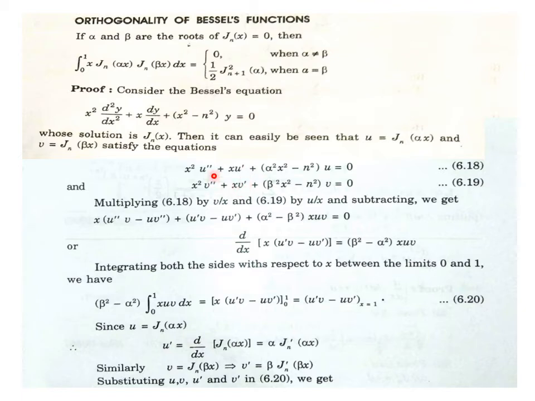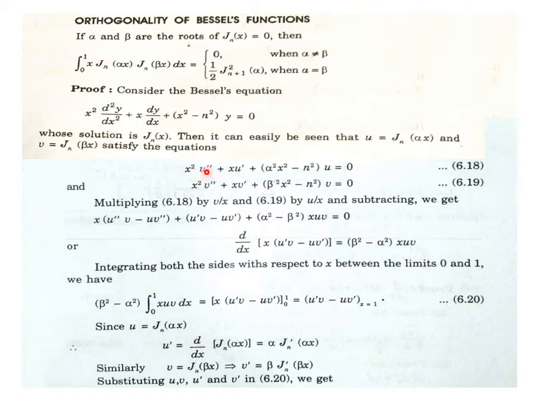Say if you use equation 6.18, u equals Jn(αx). Substitute u double dash, that means the second derivative of u with respect to x. If you differentiate it twice, you will get α² Jn''(αx).